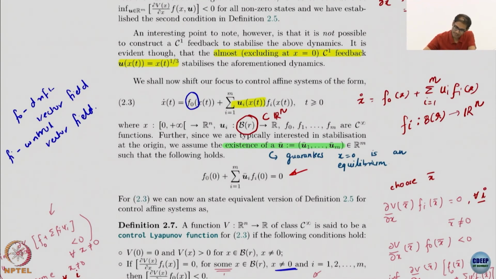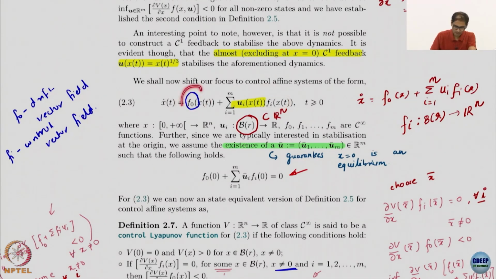Notice that f0 and each fi are n dimensional vectors. This is what most nonlinear theory on controllability and observability relies on: these are called vector fields. Why? Because once I give you any point in the state space, these represent velocity directions.